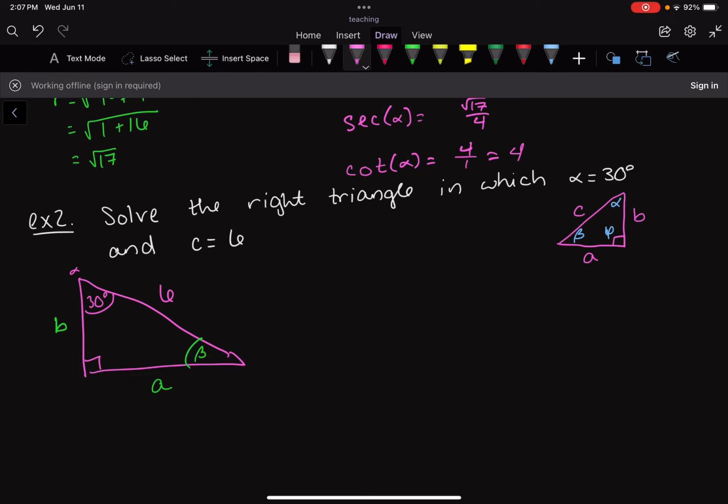I'll tell you that for me personally, I would try to go get angle beta. Because if I already know two angles, I know that triangles have to add up to 180. So I would do 180 minus 90 minus 30, which gives me 60. So I know beta is 60 degrees.